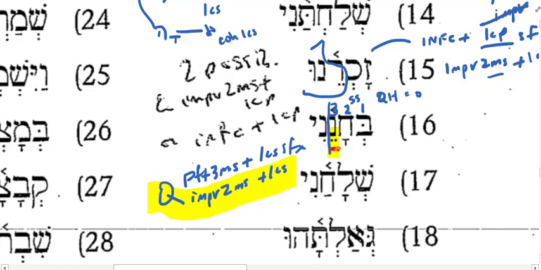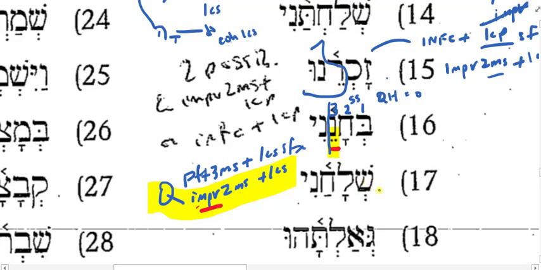I think it might just be a patach. Just a patach, right? So if it were a bechanani, that would be the perfect. He tested me. But it's bochaneni with the I class vowel, so it's the imperative. And so that's a command. Test me. Or try me. Or examine me.